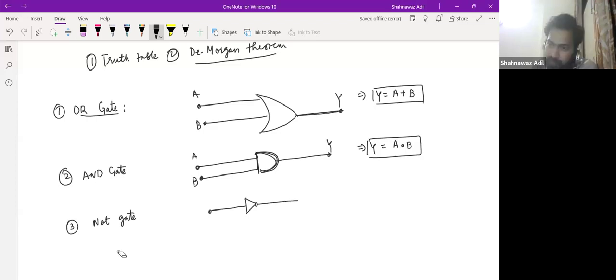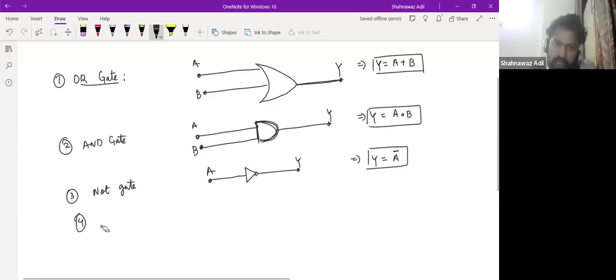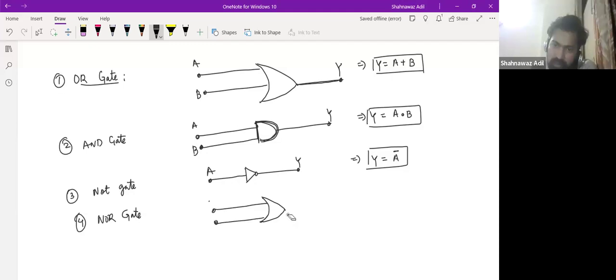The fourth one is the NOR gate. For the NOR gate, this is the input, and it is the combination of the OR gate plus, as the name suggests, a NOT gate.